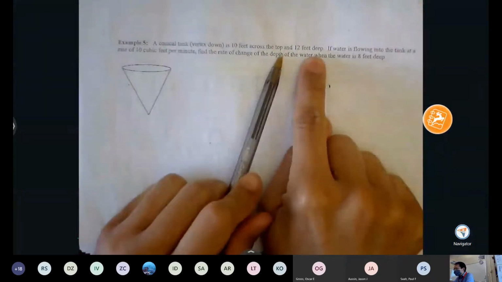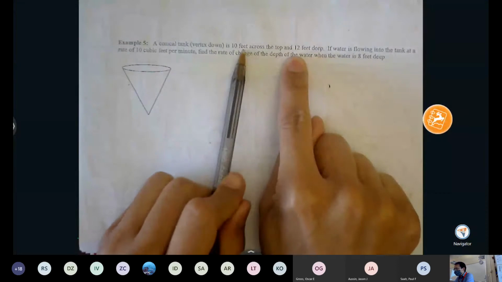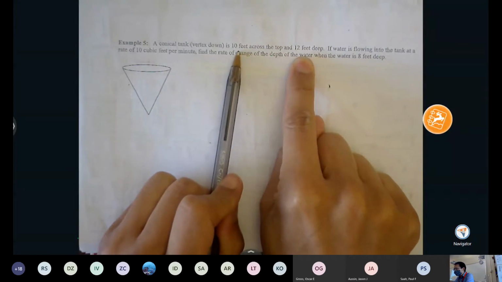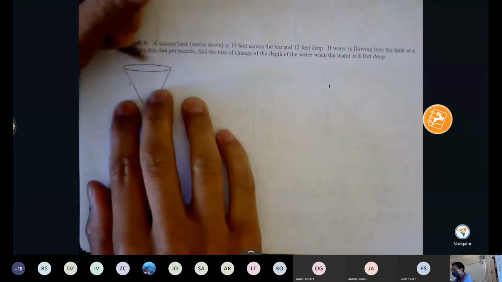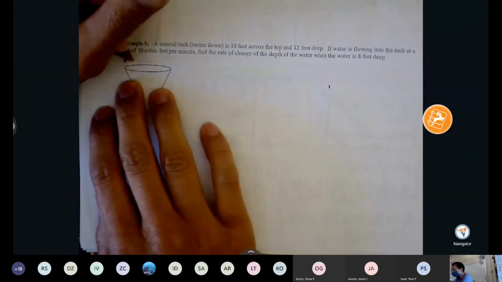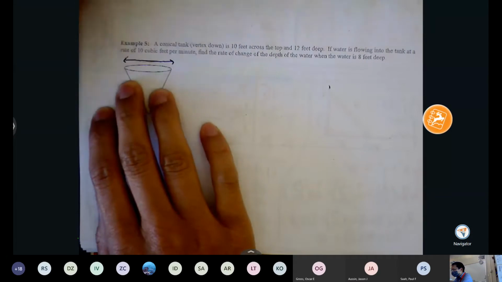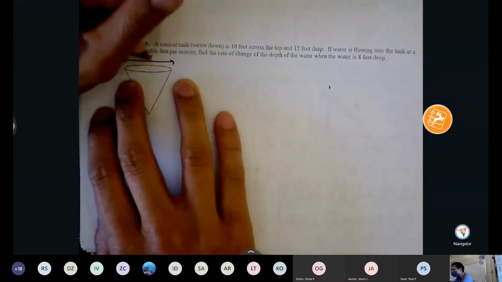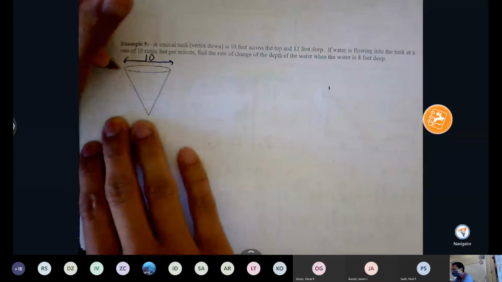These are dimensions for my tank. They're not changing, right? They're going to stay 10 and 12 all the way throughout the problem. So I'm going to go ahead and label. So 10 feet across, 12 feet deep.